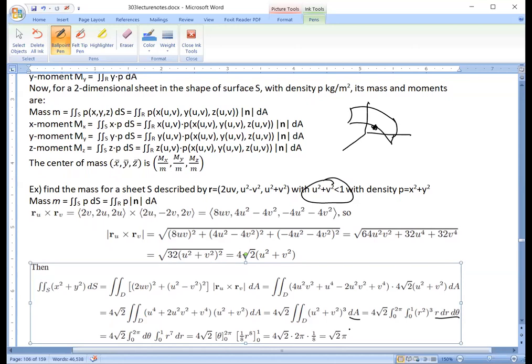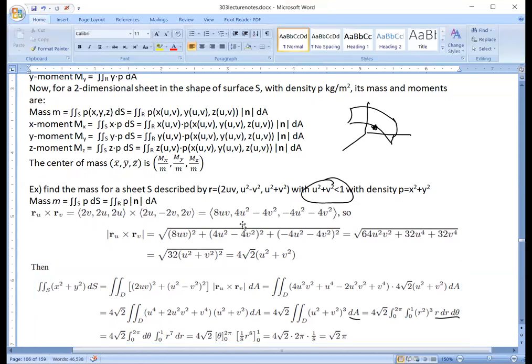Working it all out, there's no theta, so doing that integral will be very easy. And integrating r to the 7th dr will just give you r to the 8th over 8. And then r is on the bounds from 0 to 1. Theta will be evaluated from 0 to 2 pi.